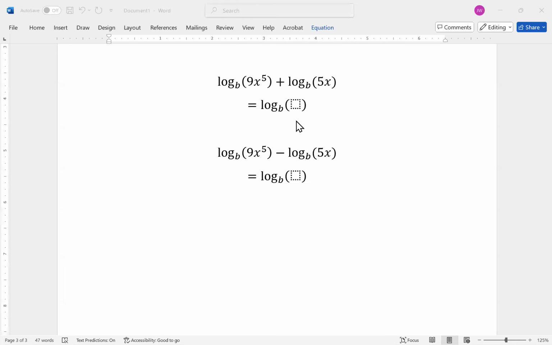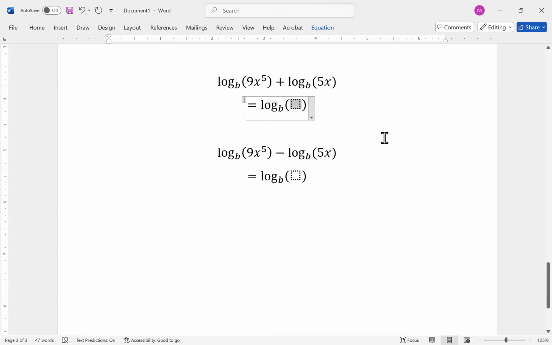All right, so now we have variables inside the argument of our logarithm. And what we're going to do in the first case, since this is log plus log with the same base, by the way, make sure everything has the same base. Otherwise, the product rule, the quotient rule, and the power rule don't work. So we do need the same base on the product and quotient rule. I guess there's only one log for the power rule, but with the product and quotient rule, we need the same base. If we have that, then we can multiply.